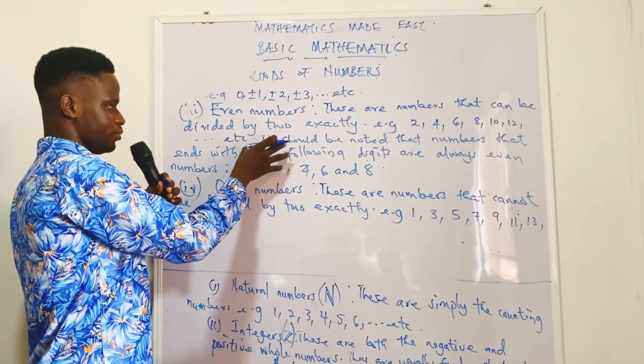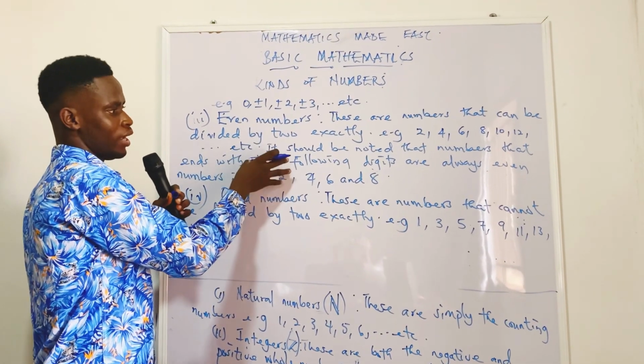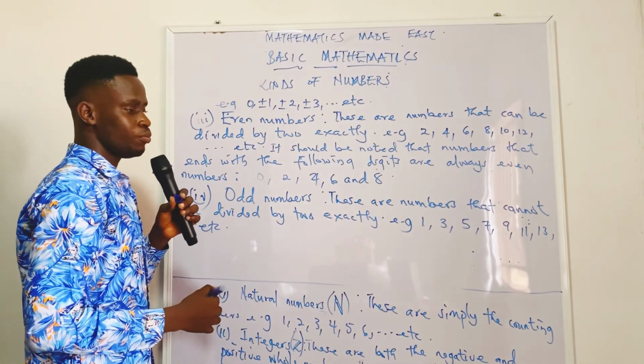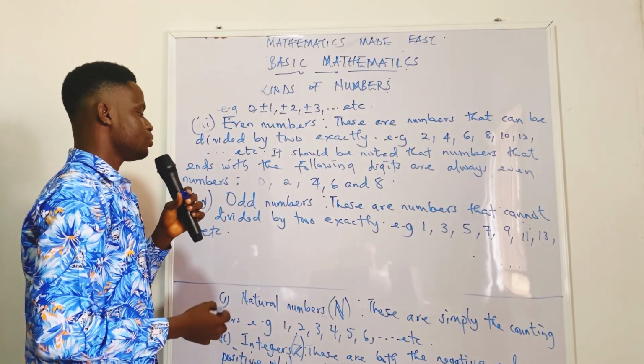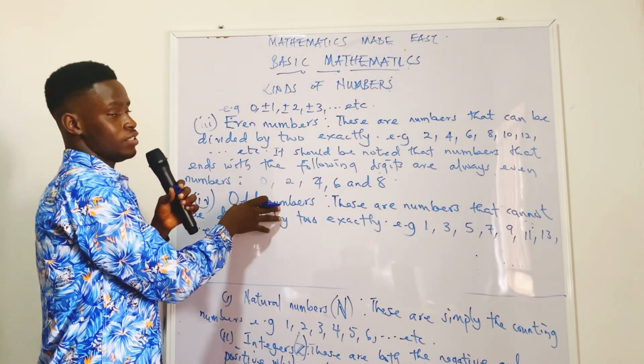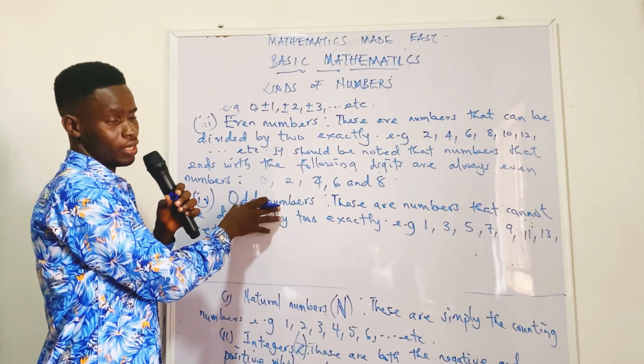So just like we have in even numbers a simple way you can easily identify them, similarly, there are simple ways that you can identify odd numbers.